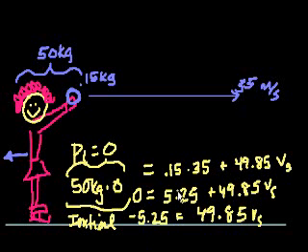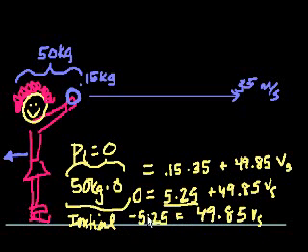So we're essentially saying that the momentum of just the ball is 5.25, and since the combined system has to have 0 net momentum, the momentum of the skater has to be 5.25 in the other direction, going backwards, or has a momentum of minus 5.25.